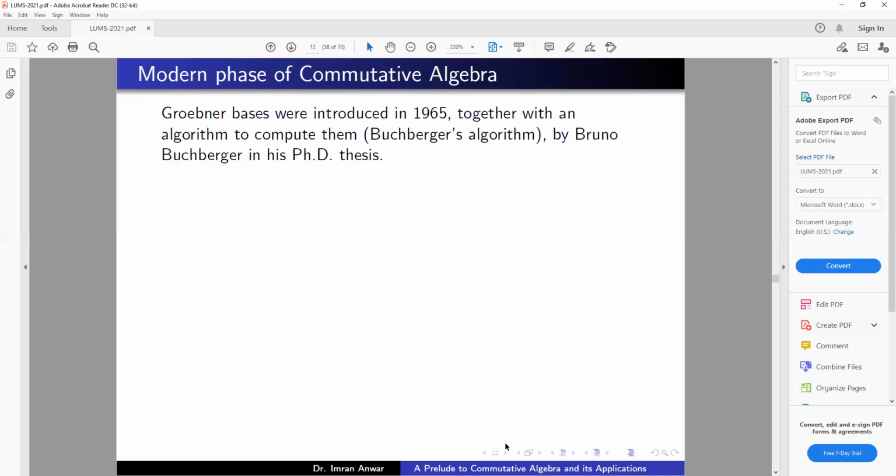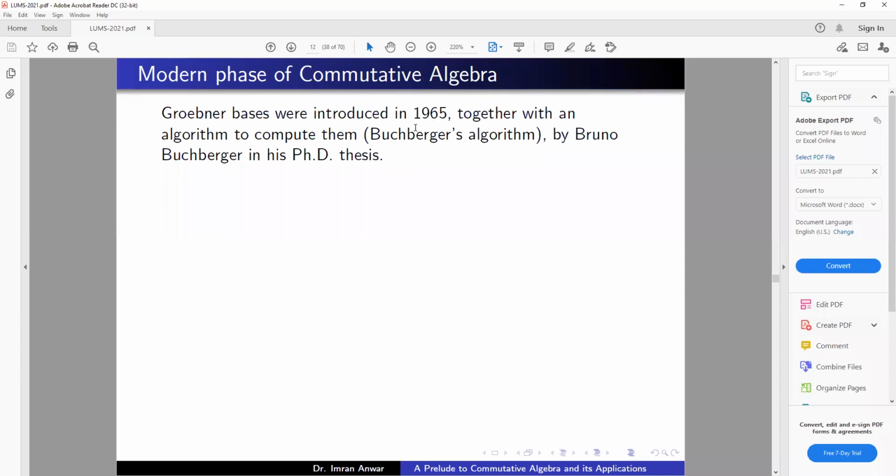Every school kid knows that whenever you need to divide polynomials in the one variable case, you can divide, you can find a remainder, and everything is fixed. But what happens in the case of two variables or three variables or four variables? There wasn't any algorithm known till 1965.